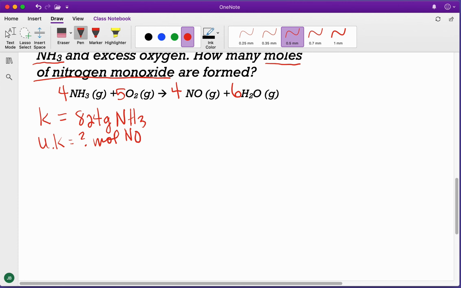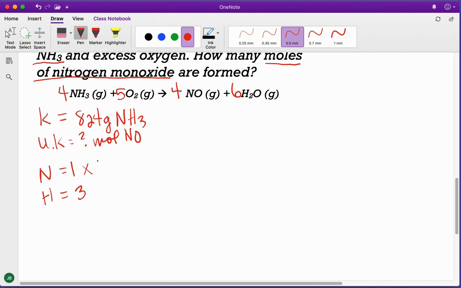So once again, let's go ahead and solve for the molar mass of ammonia. Notice that I'm solving for the molar mass for that compound that's given to me in grams. All right, that's really important that you see that connection. So we have 1 atom of nitrogen, 3 atoms of hydrogen.